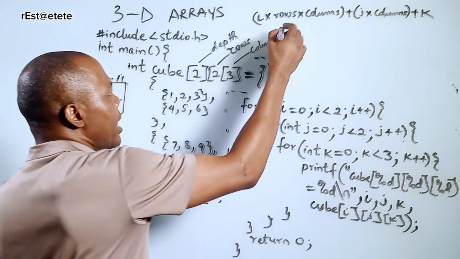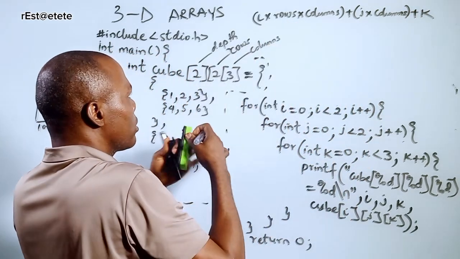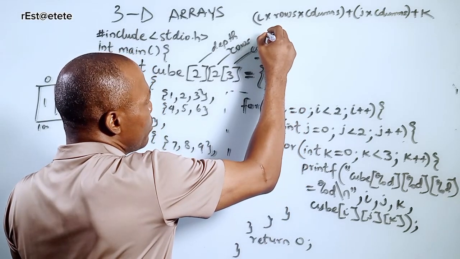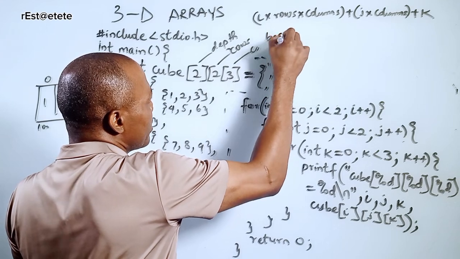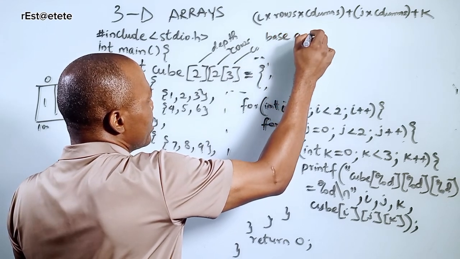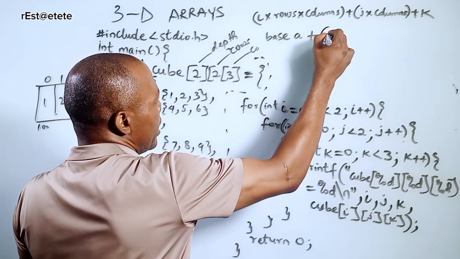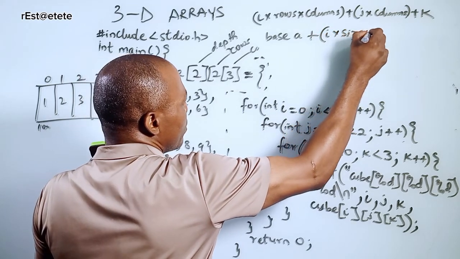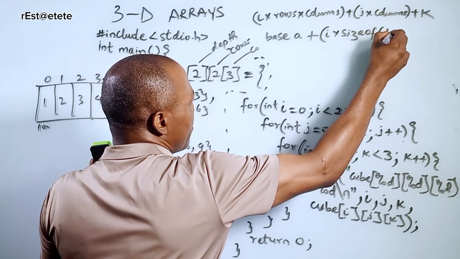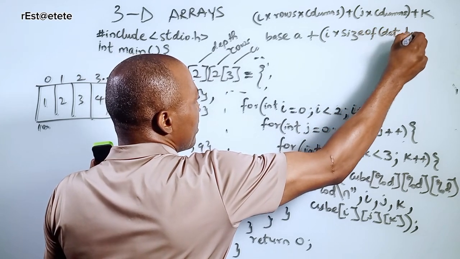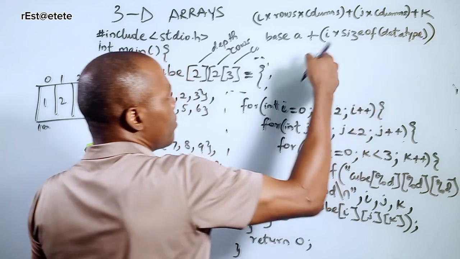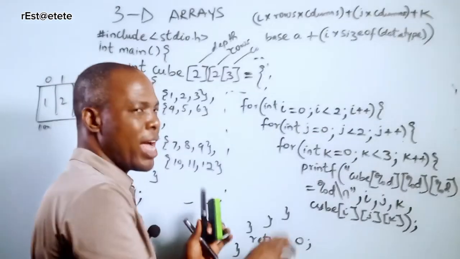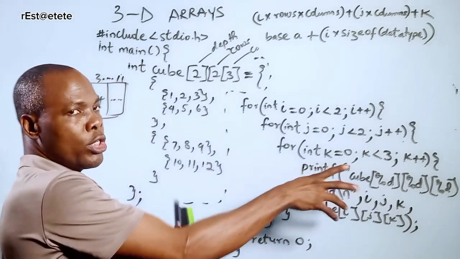And then we have the other one, which is to get the memory: base address plus i times size of data type. We have these two formulas. That's what we are going to use to access the memory location for each of them.